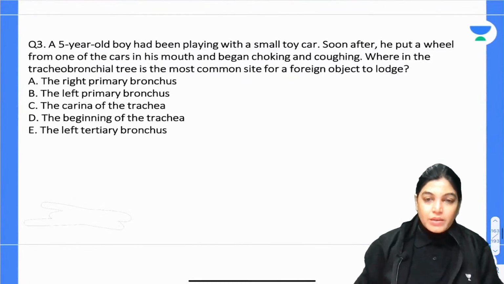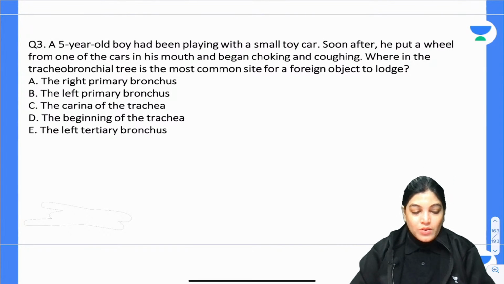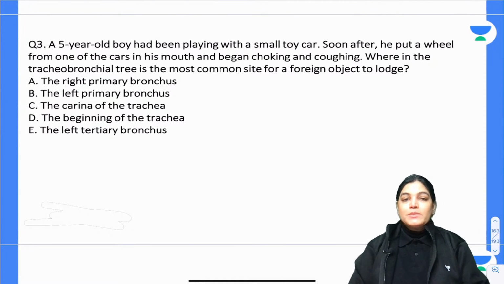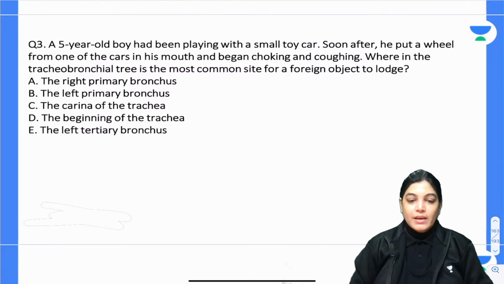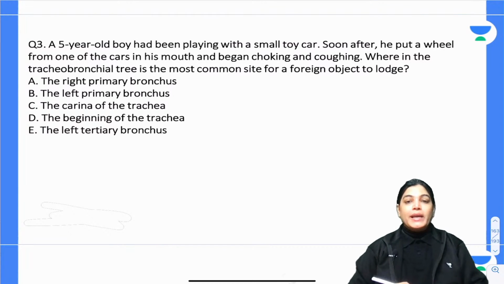Now let's move on to the third MCQ. Question number 3. A 5-year-old boy is playing with a small toy car, and soon after he puts the wheel of the toy car in his mouth and begins choking and coughing.